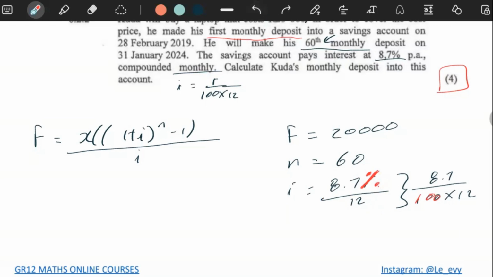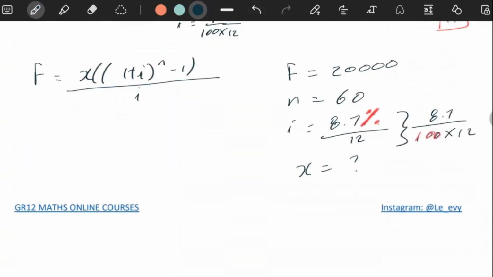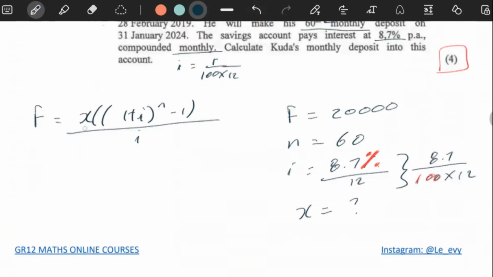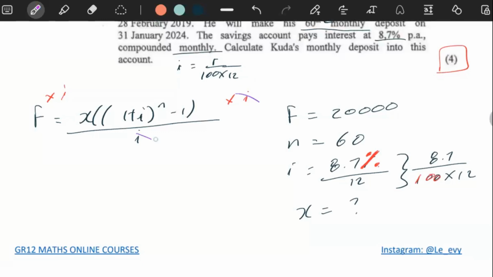So with all this information, our monthly installment we don't know. One thing I always recommend, which you also probably saw in the financial maths course, is that if you're going to work out the monthly installment, isolate x first. So meaning here you're going to multiply by I, multiply by I. Then you're going to have F times I equals x times (1 plus I) to the power of n minus 1.